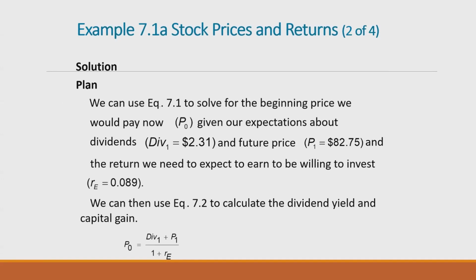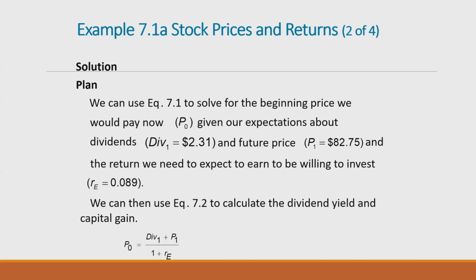So the solution plan is we would use equation 7.1 to solve for the beginning price we would pay now, given our expectations about dividends, which is equal to $2.31, and the future price is $82.75. And the return we need to expect to earn to be willing to invest is 0.089. We can then use equation 7.2 to calculate the dividend yield and capital gain.